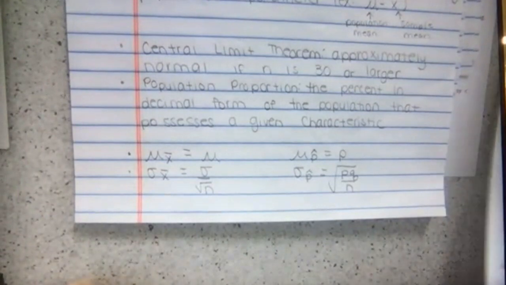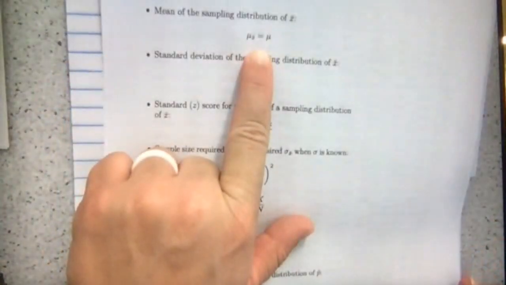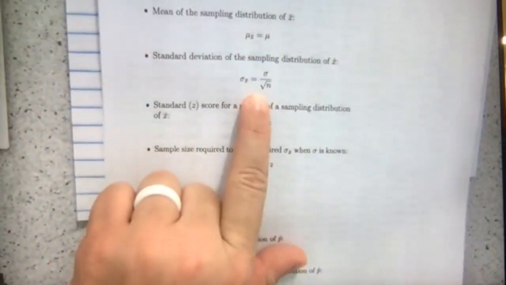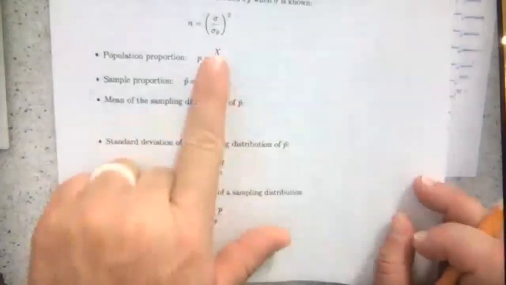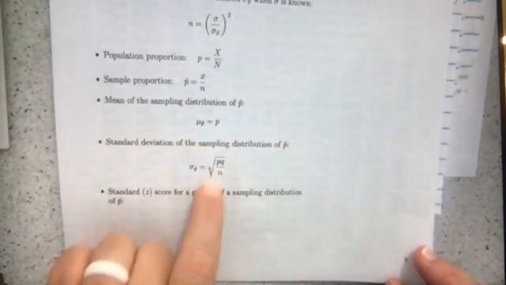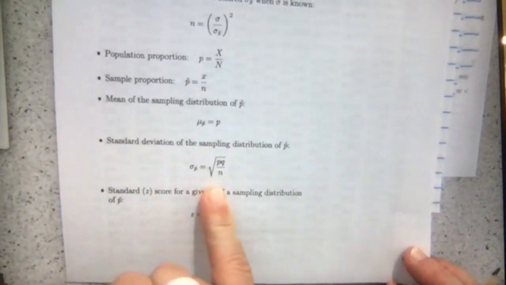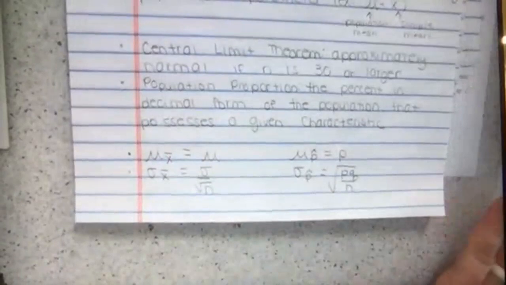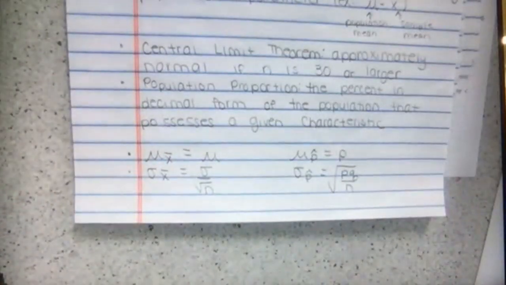These are just ones that you might want to really look at. So here is our mean of the sampling distribution. Here is our standard deviation of the sampling distribution. Likewise, here's our mean of p hat, and here's our standard deviation of p hat. All of these are right here on your formula sheet that you do get to use on the test, just reiterating that real quick.